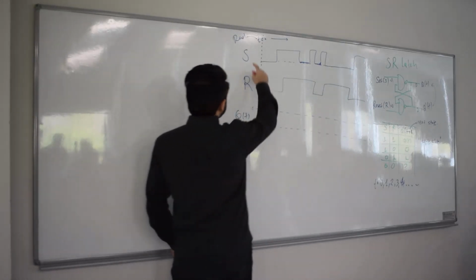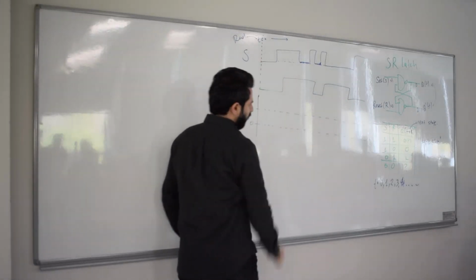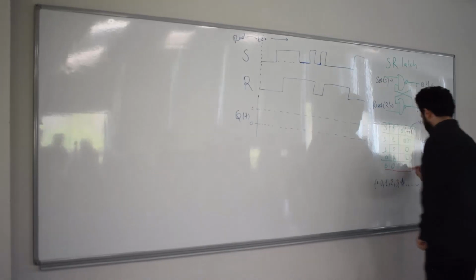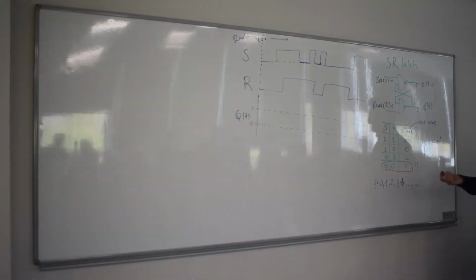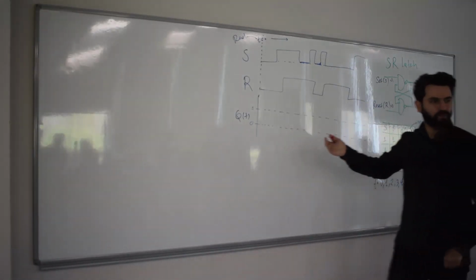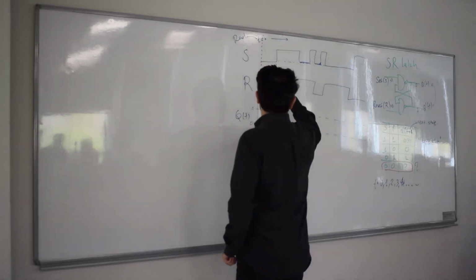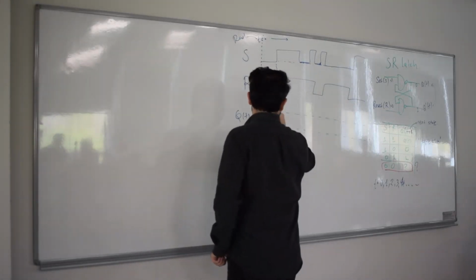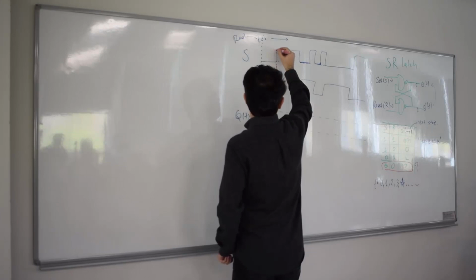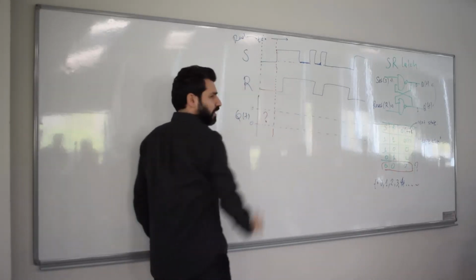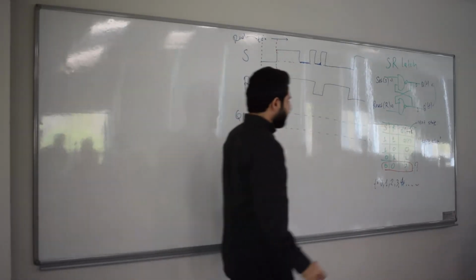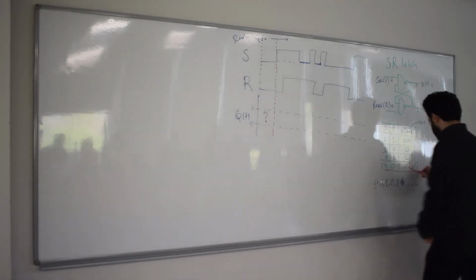Well, apparently, S equals 0 and R equals 0 is an undefined state. So we've got no idea what those are until this point. There's a big question mark here because these two inputs lead to an undefined state.